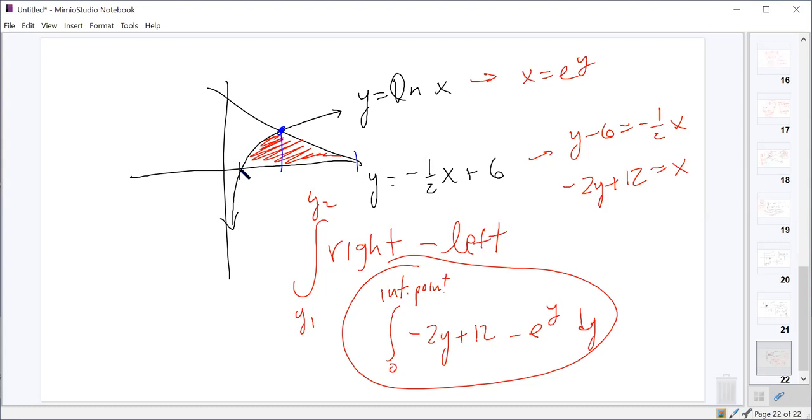One from 1, where natural log intersects the x-axis, to the intersection point of ln x, and then you do the intersection point to 12, which is where that hits, right? So you'd integrate from the intersection point to 12 of negative 1/2 x plus 6. Does that make sense how to do it in terms of y from right to left?